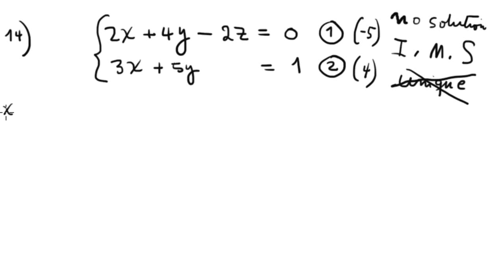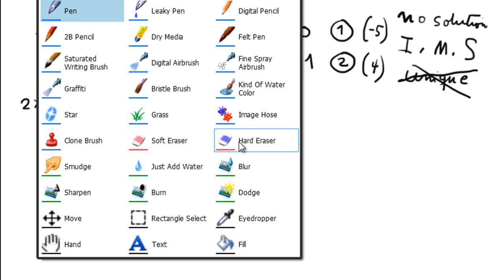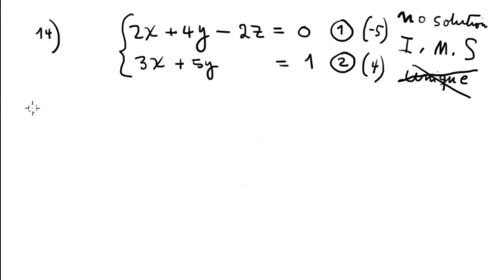You multiply negative 5 times 2, which is negative 10. So I multiply the entire equation number 1 by negative 5. Minus 20y, this was the idea, plus, because negative times negative is positive, 5z equals 0.